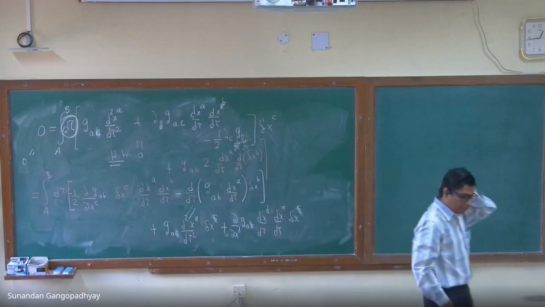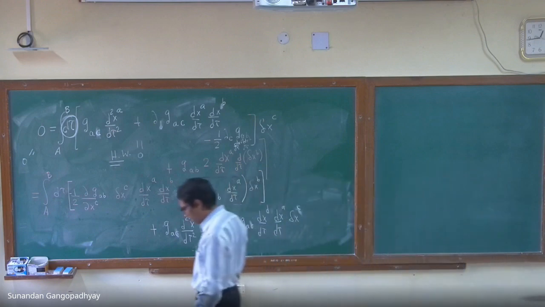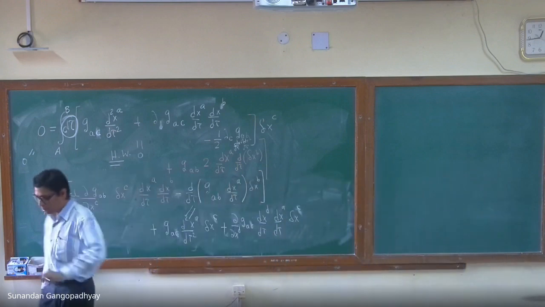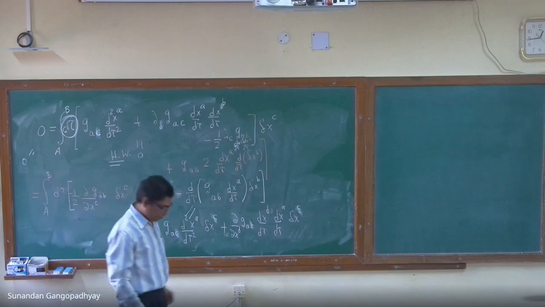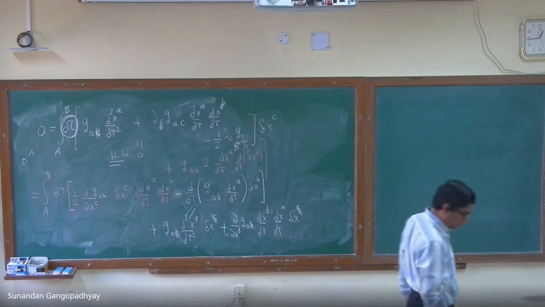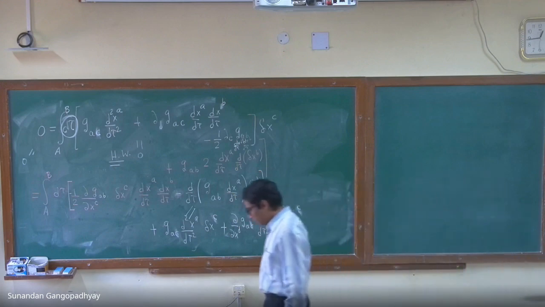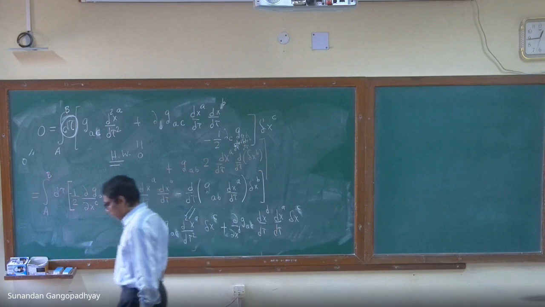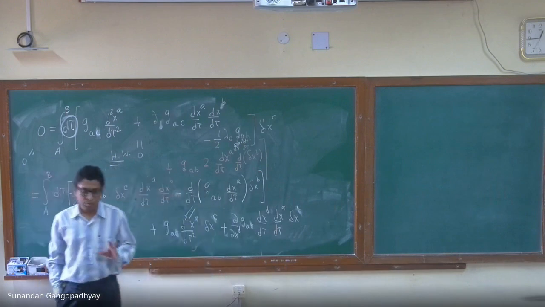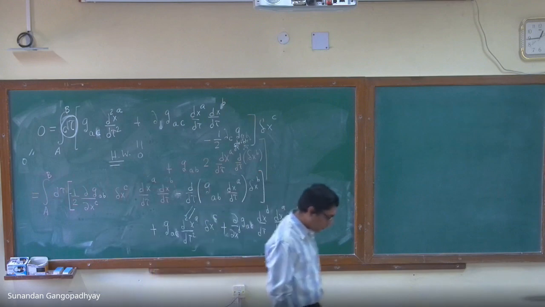Today the takeaway message is that we have learned what covariant differentiation is. How do you transport a vector from one point to another point? We have understood what the covariant derivative is, how you take the derivative of a tensorial field. Then we employed the principle of general covariance.